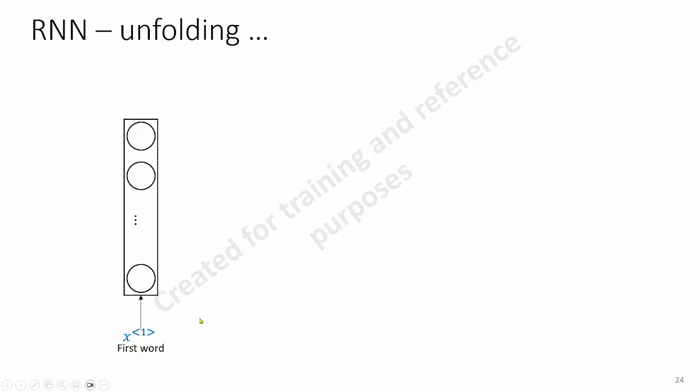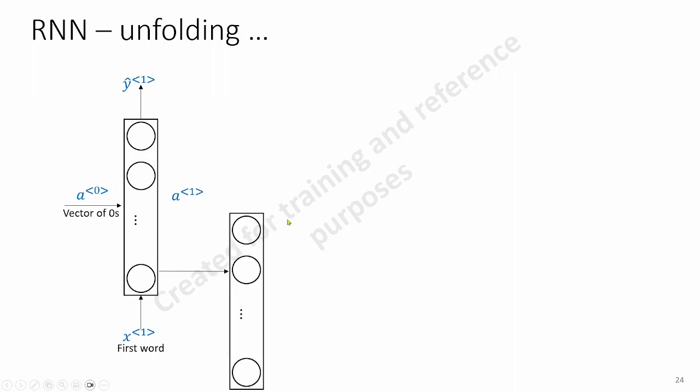Here is the input being given and the corresponding output generated from the hidden RNN cell, and we initialize the memory here, which is called activation, with zeros, and the output from this cell would be A1 in time step 1.